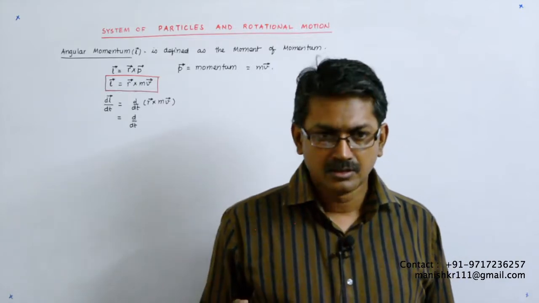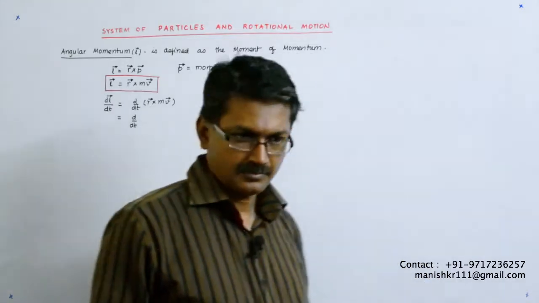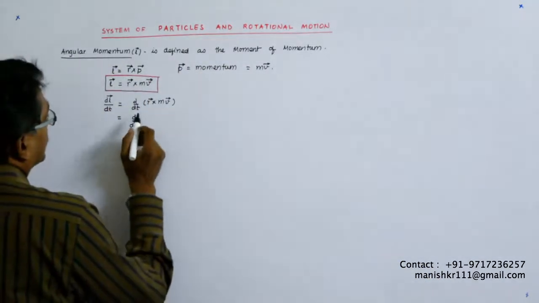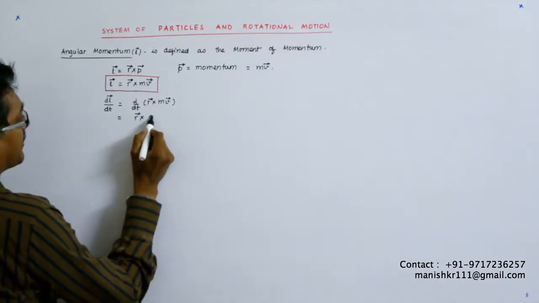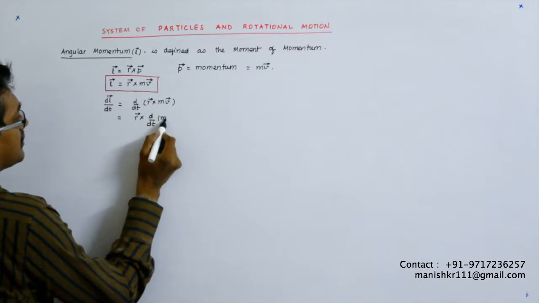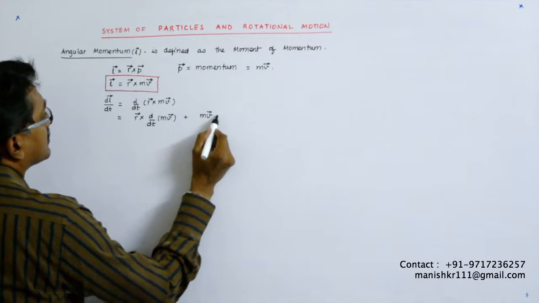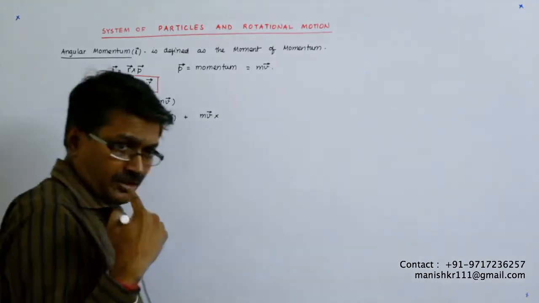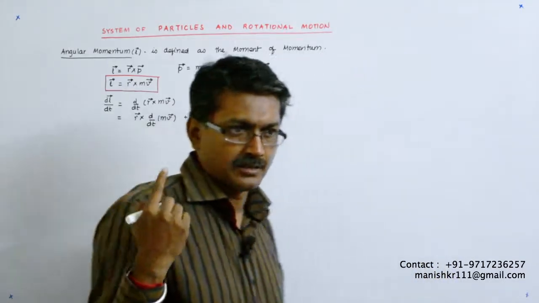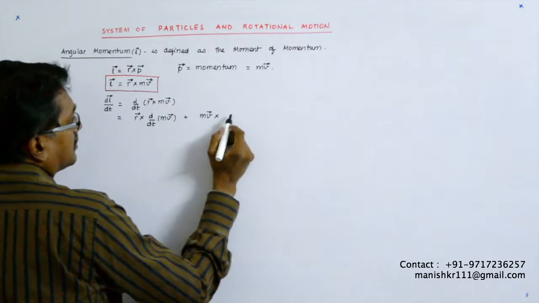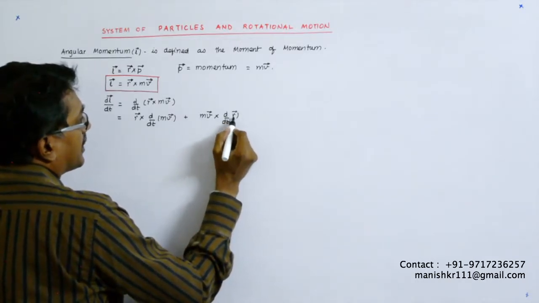So it is the first function multiplied by the derivative of the second plus the second function multiplied by the derivative of the first, and this is a cross product. Hold on, you should understand that the cross has to hold, dr by dt.